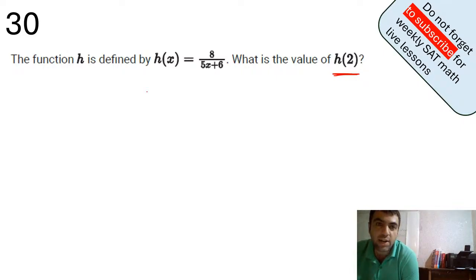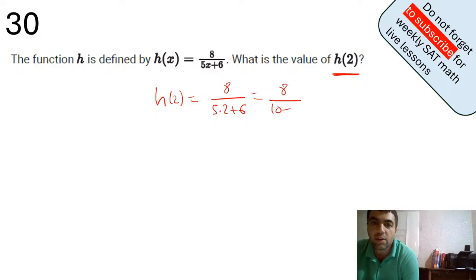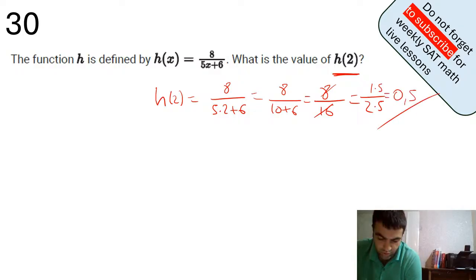Let's calculate. h of 2 is equal to 8 over 5 times 2 plus 6, 8 over 10 plus 6, 8 over 16. Let's simplify this fraction by dividing by 8. 1 over 2. Let's multiply by 5. And 0.5. You are right. Mr. Shahin and Saif, you are right.